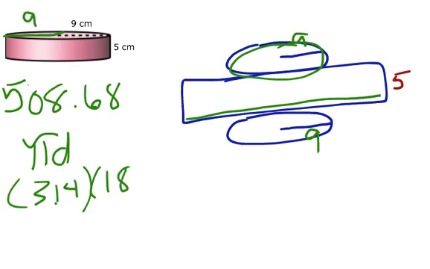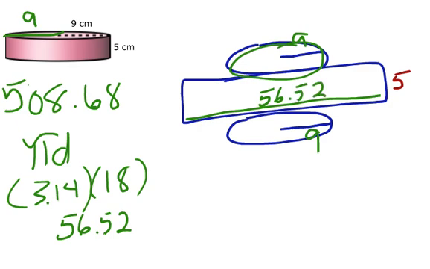And that does not look like 3.14. Let's get that point better. There we go. So 3.14 times 18 is 56.52. And that is the side distance, the length of this rectangle.